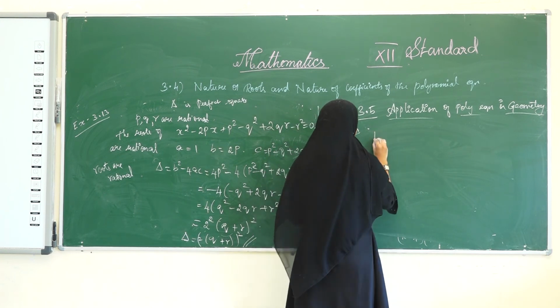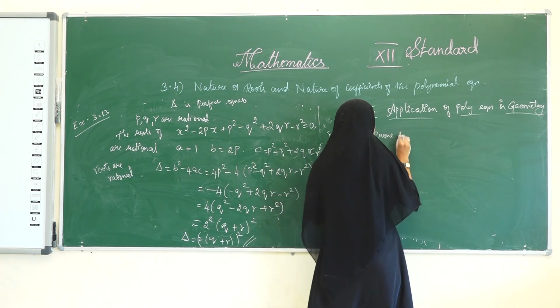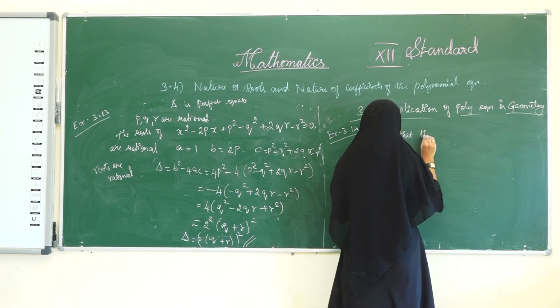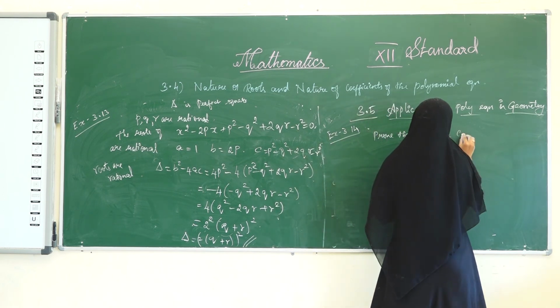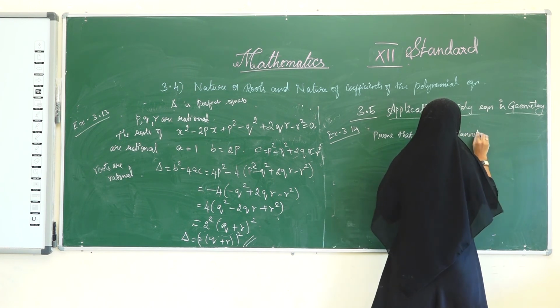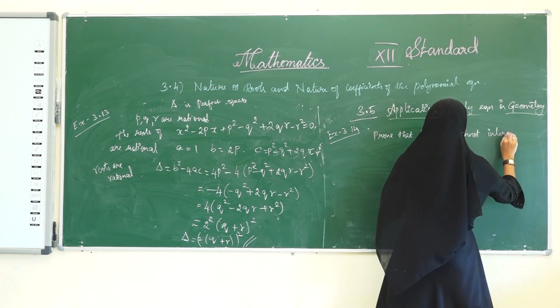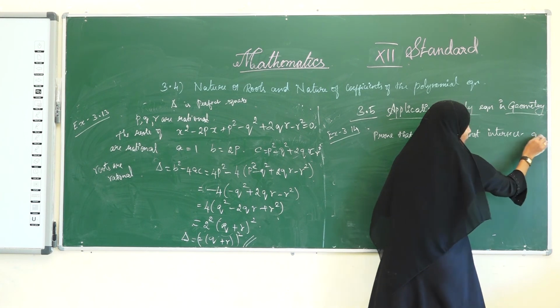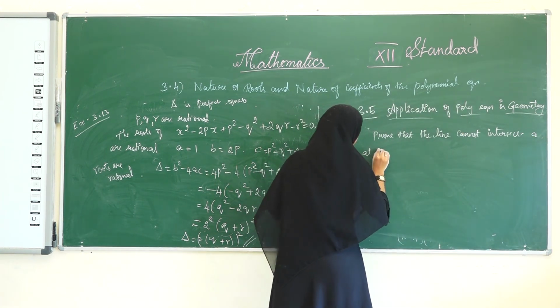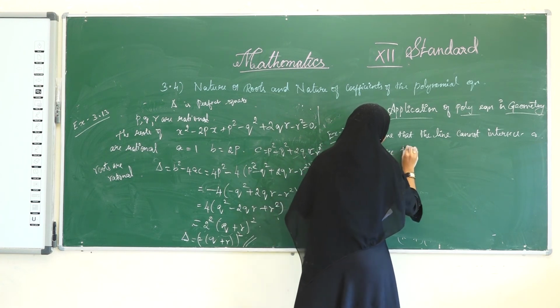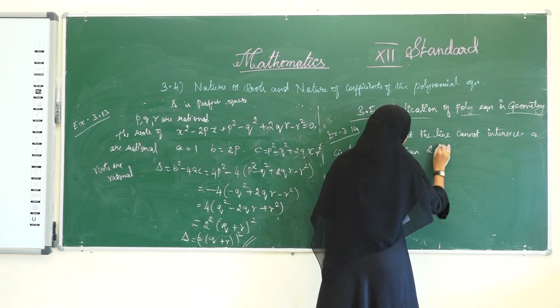What they are given is, prove that a line cannot intersect a circle at more than 2 points.